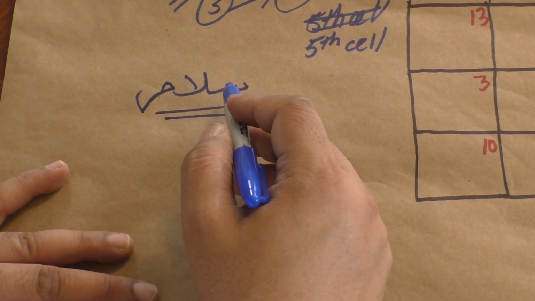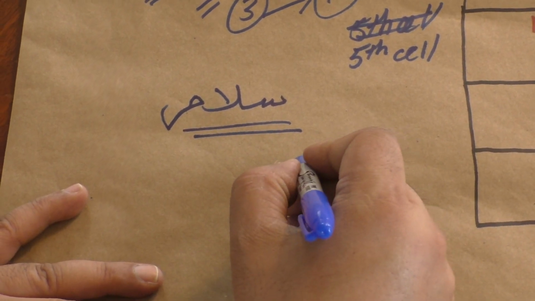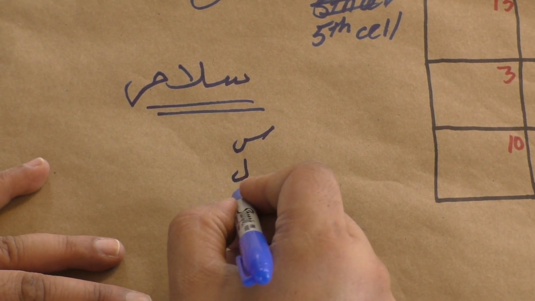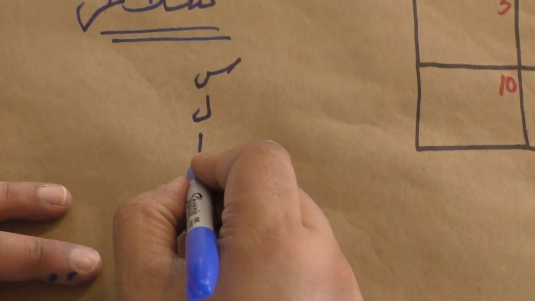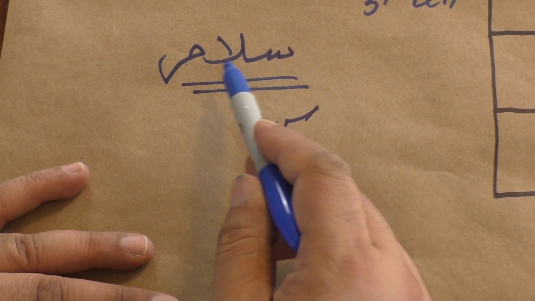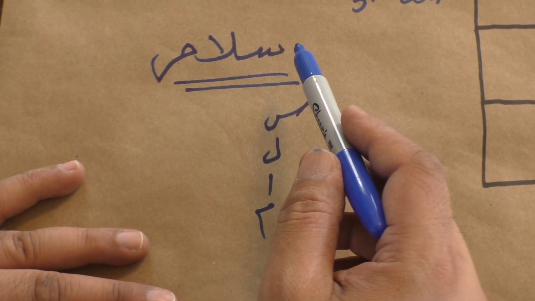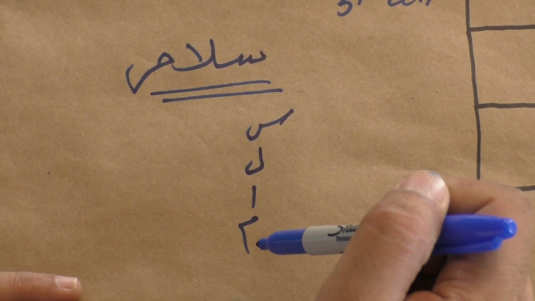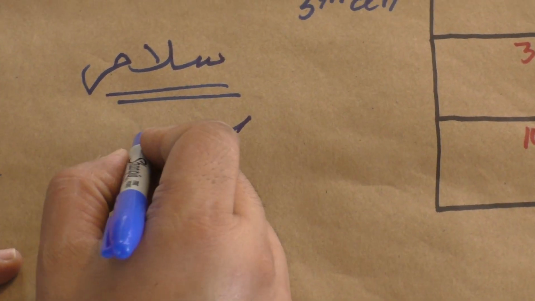So that has 1, 2, 3, 4 letters, and they are Sin, they are Lam, they are Alif, and they are Mim. So here we've more or less written it in some sort of thuluth-based handwriting. This is roqa-based handwriting.